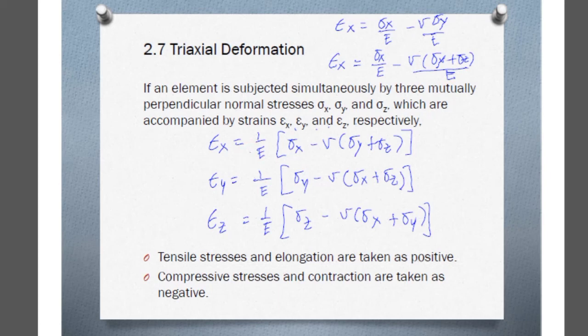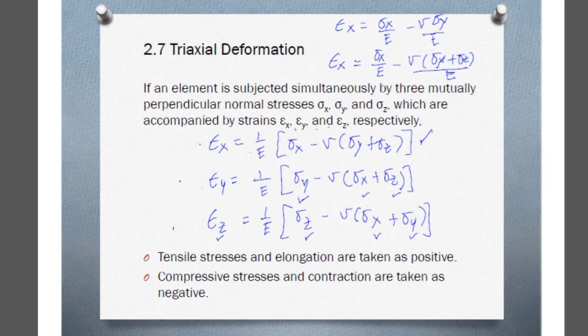So, kaya lalabas yung formula na to. Now, for the strain in Y, mauuna dito si Y. And since Y to, ibig sabihin X at saka Z yun nandun. And if this is Z, so Z yun nandito, the other two axes, that is the X and the Y. So, kahit mag-memorize ka lang dito ng isa, alam mo na rin itong dalawang to.